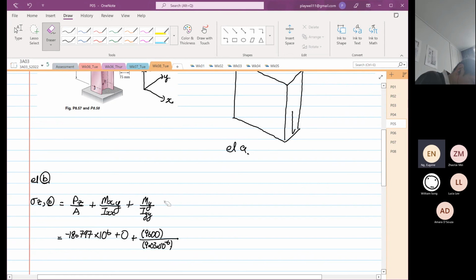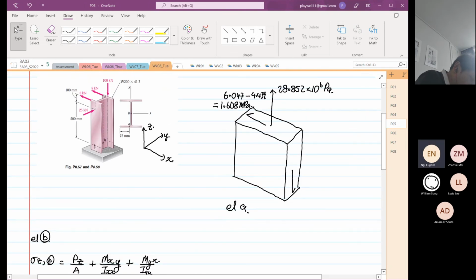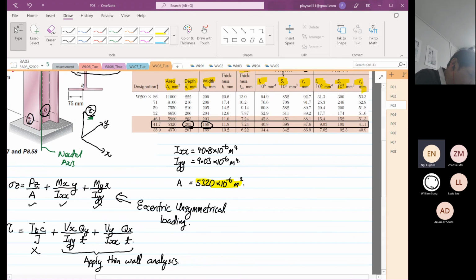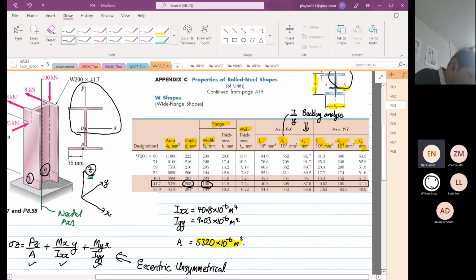And on element B, the x distance is this distance over here. So we need to find the thickness of the web and divide by 2. The thickness of the web is 7.24 millimeters.